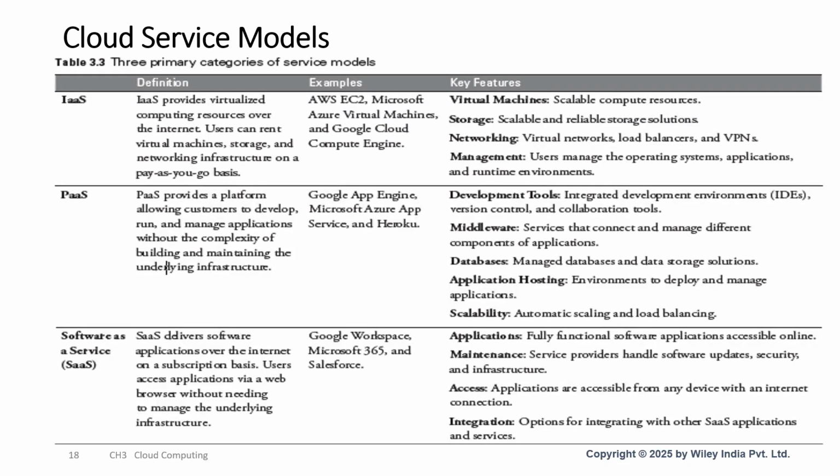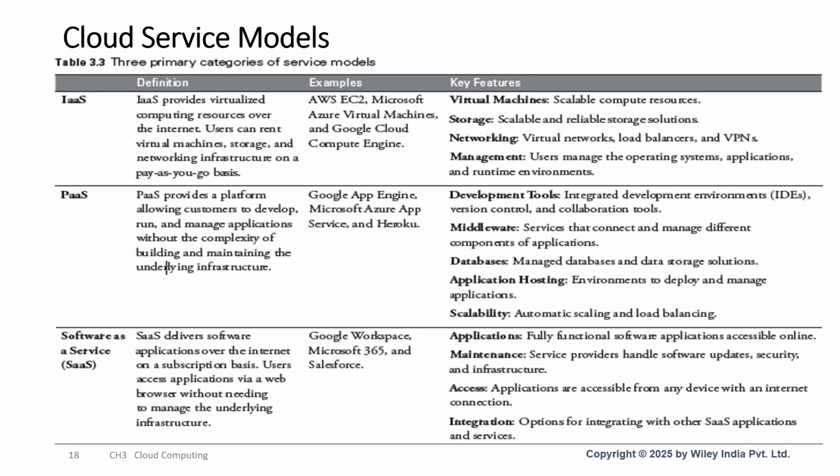If you see this table, there are examples and there are key features. For example, in IaaS the key features are it's scalable, but it talks only about computing resources, scalable and reliable storage. Network, it uses VPN, virtual private networks, load balancers, and users manage the operating system, applications, and runtime environment.